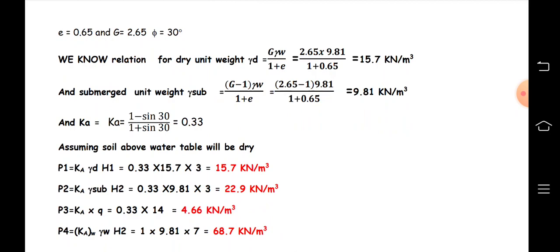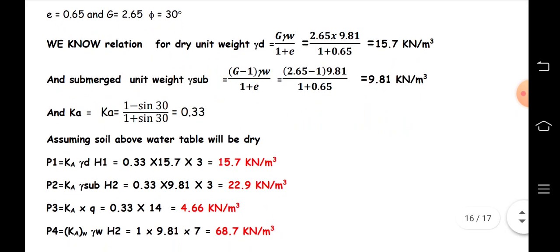So, our given data: void ratio e equal to 0.65 and G is 2.65. Phi is also given, that is the angle of internal friction, 30 degree. As we know, dry unit weight gamma d equal to G gamma w upon 1 plus e, that is 2.65 into gamma w 9.81 upon 1 plus 0.65, that is 15.7 kilonewton per meter cube. And the submerged unit weight formula will be gamma submerged equal to (G minus 1) gamma w upon 1 plus e.